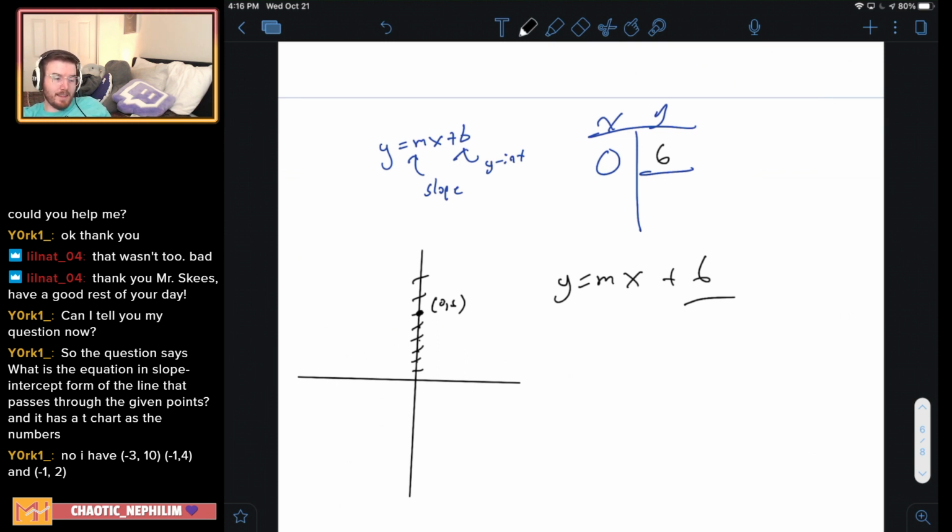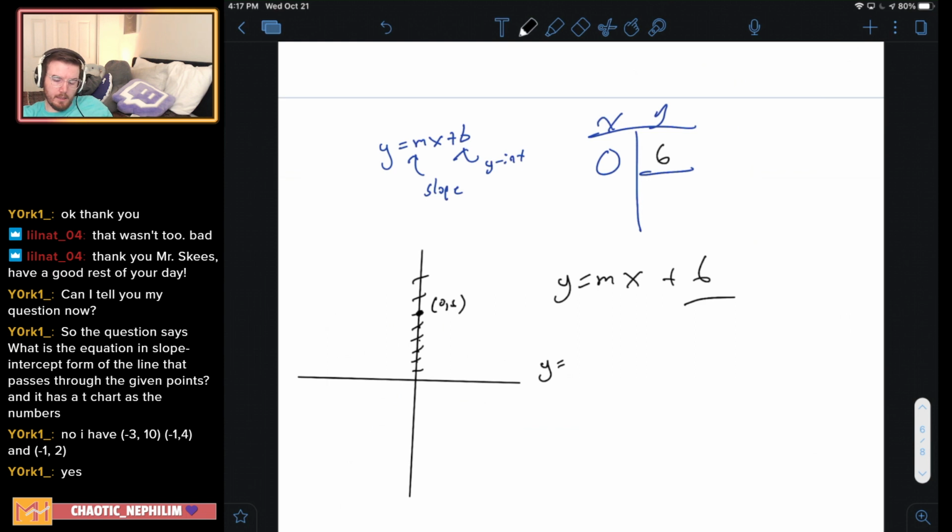Well then, in that case, York, have you learned point slope form? Point slope form is, oh, I'm blanking.